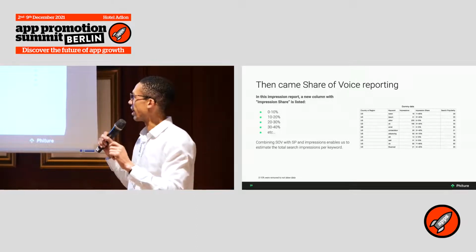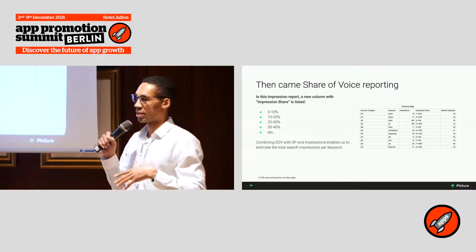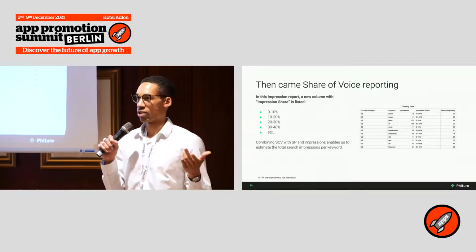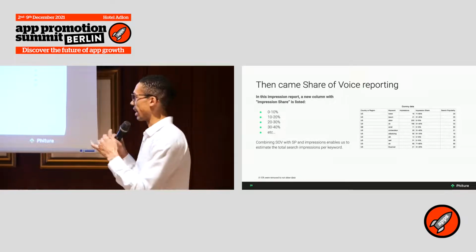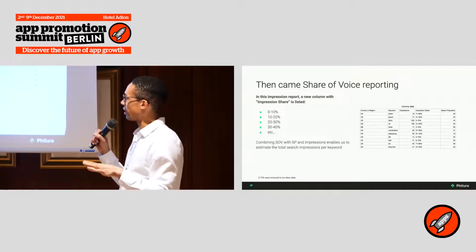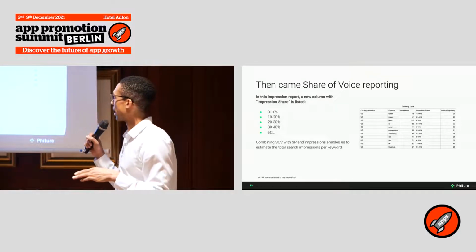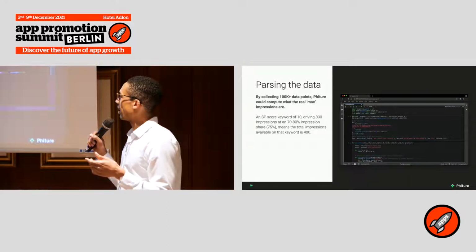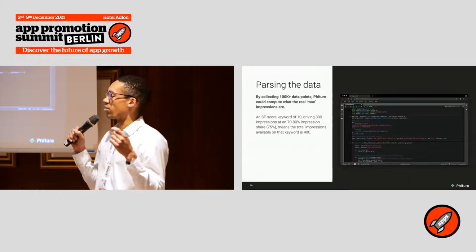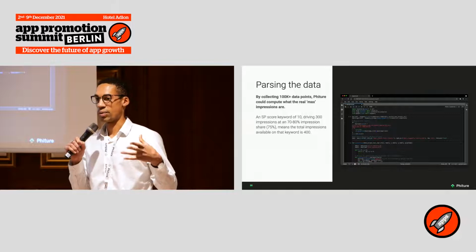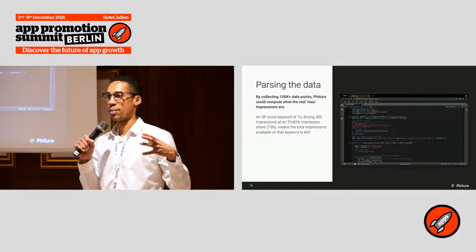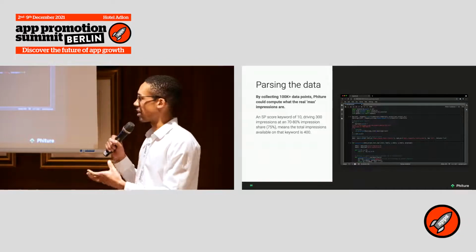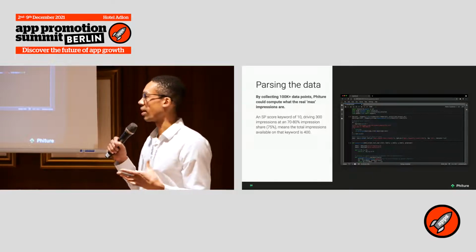One thing to note is that 0 to 10% share might mean that you actually have 0% share. And so in the analysis that was run, we excluded keywords with 0 to 10% share, but we still had quite a lot of data points that we could use. And so we tripled the number of data points that we were using to run the exponential curve to predict the number of impressions available by our search popularity score.